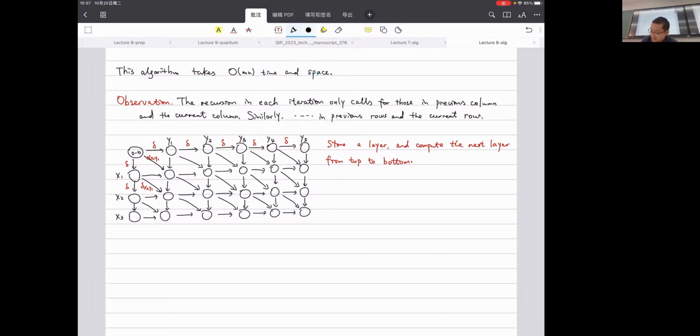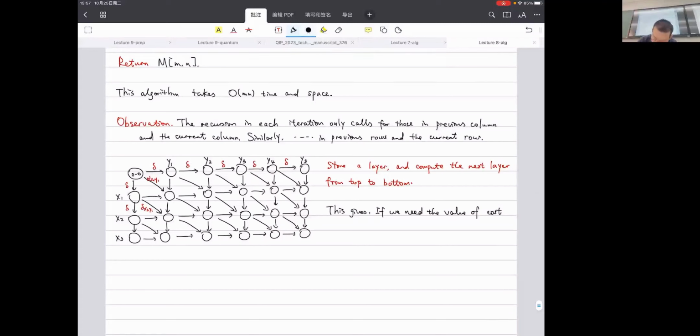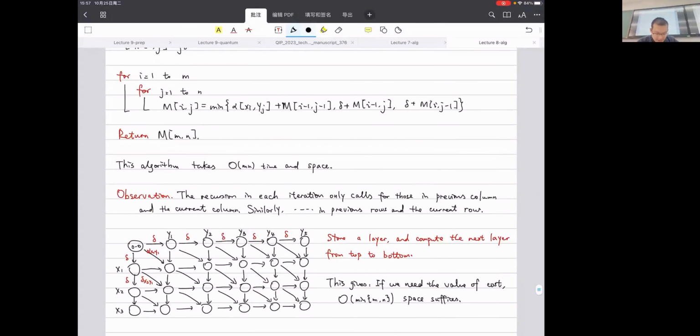From this perspective, we can clearly see that if you only need the value of the cost, the value of the cost is stored on each of the vertices. Then we can significantly improve the space complexity from m times n to the minimum of m and n space. So this is a quick conclusion that we can get here.